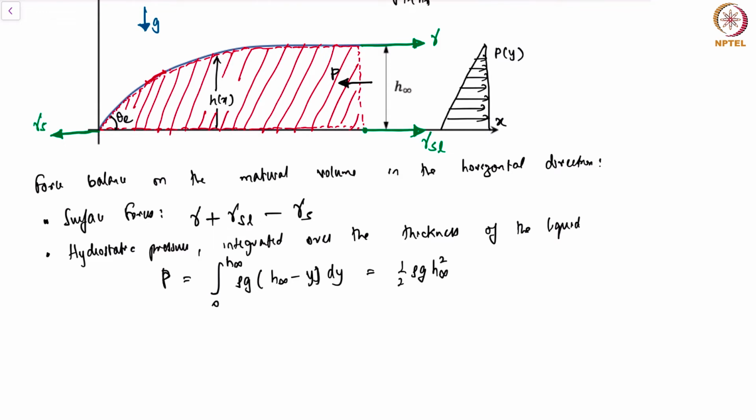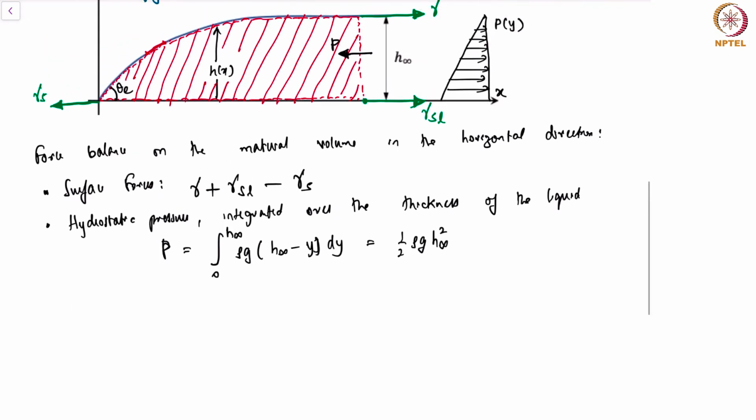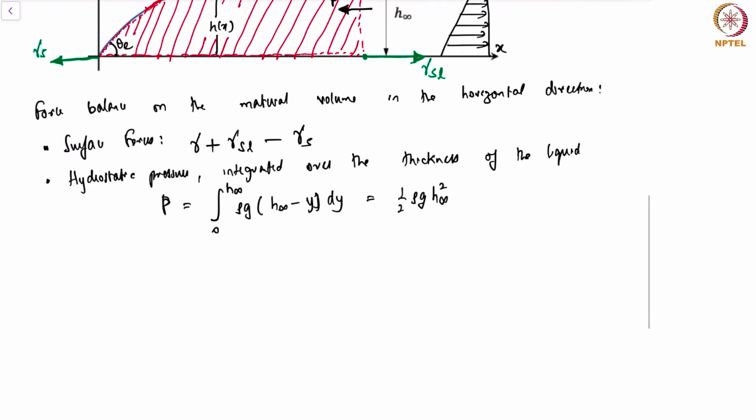And so what I now have is gamma plus gamma solid liquid minus gamma S, minus half rho G H infinity square equals 0.